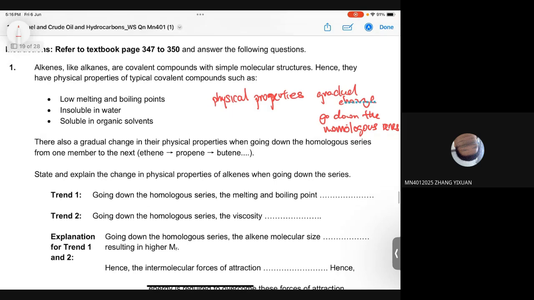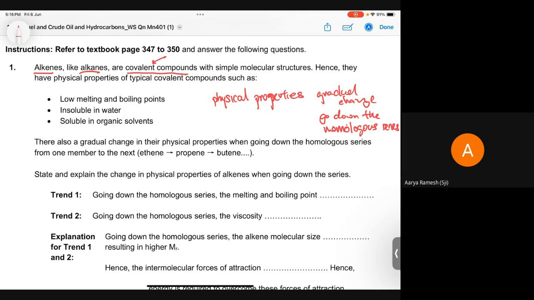First thing, let's recap. Alkenes, like alkanes, what are they? They are covalent compounds. Arya, can you help me? Covalent compounds means what? If they are covalent compounds, what are the type of elements involved here? Different elements. Compound means different elements, correct.